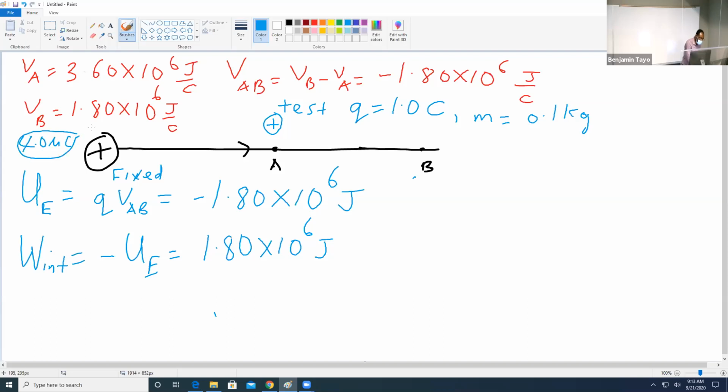No. This was the source, and this is the test. And this is 1.0 coulombs. It's not 1.0 microcoulombs. It's just 1.0 coulombs. So VA was 3.60 times 10 to the power 6. Is that correct? From last class? Thanks. Yeah.